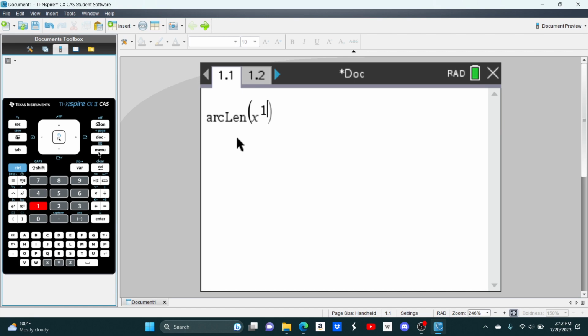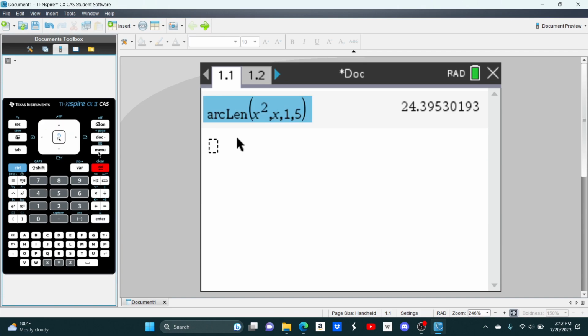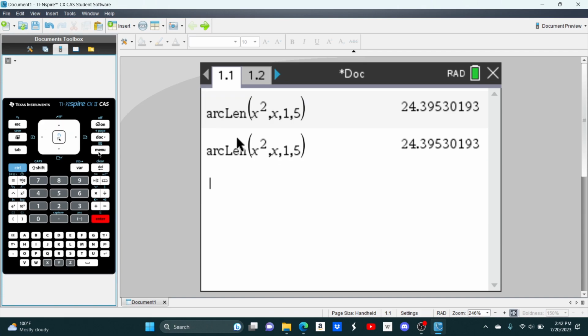So you do x squared, comma x, and then your two bounds, comma 1, comma 5. If you just click enter, it'll give you this kind of expanded version, so I tend to like to click control enter. But this gives you the arc length. Nothing too complicated there, pretty straightforward.